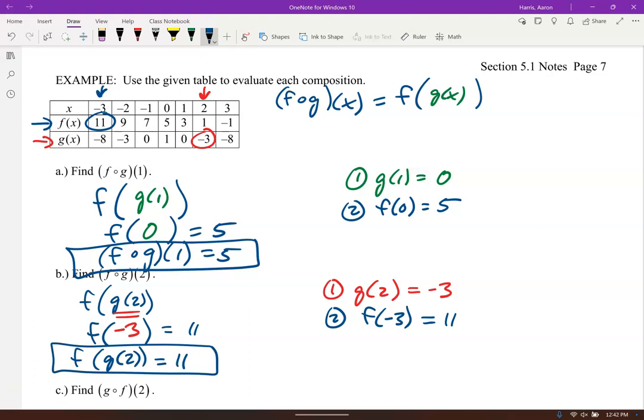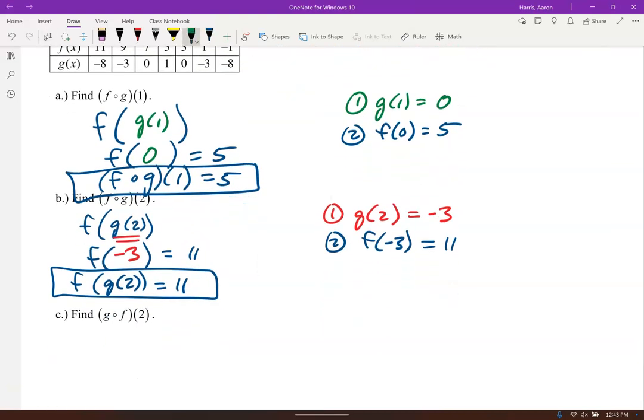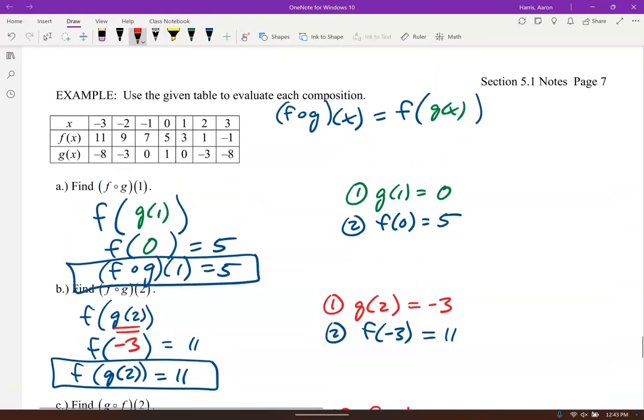Now let's go g of f of 2. Let me erase these. Okay, g of f of 2. Number one, we're going to find what's f of 2. I'm going to look at my f function.